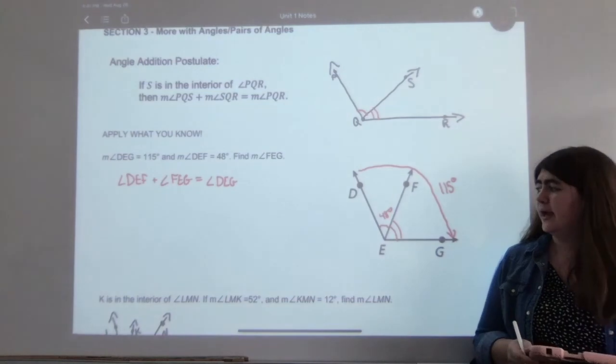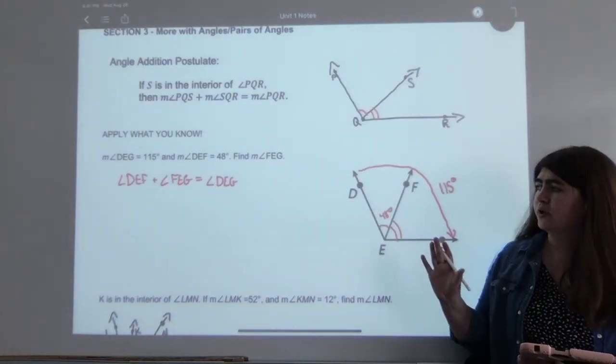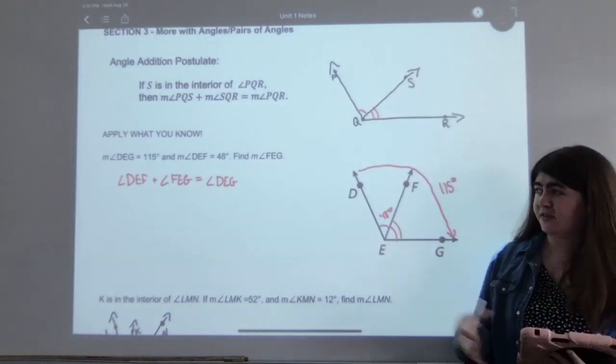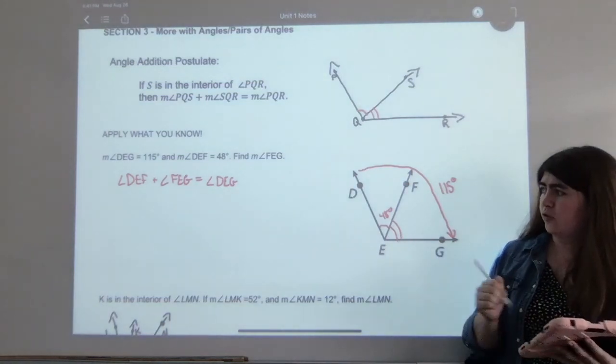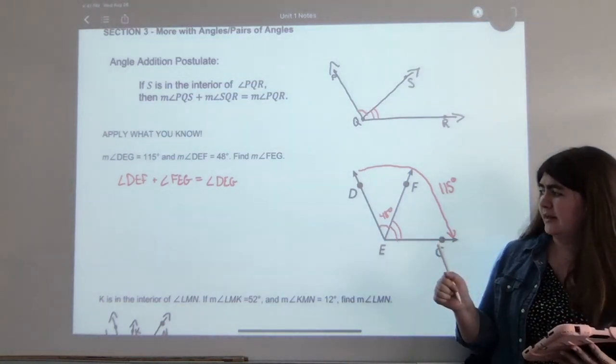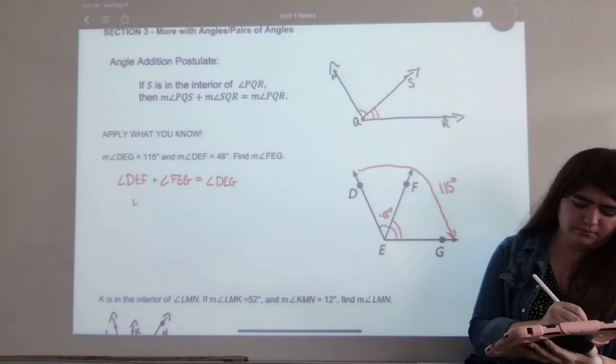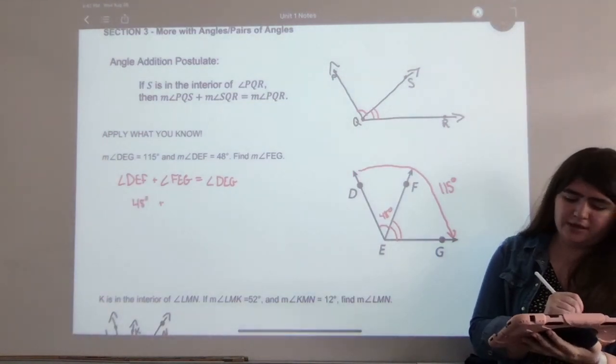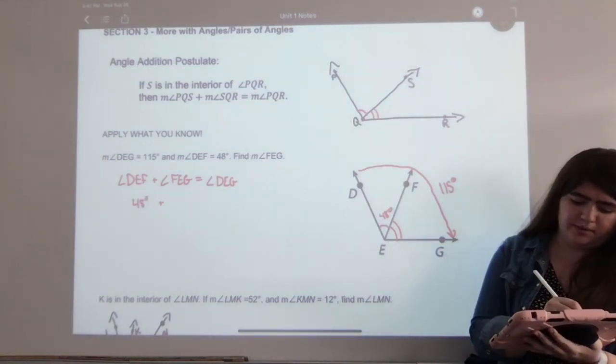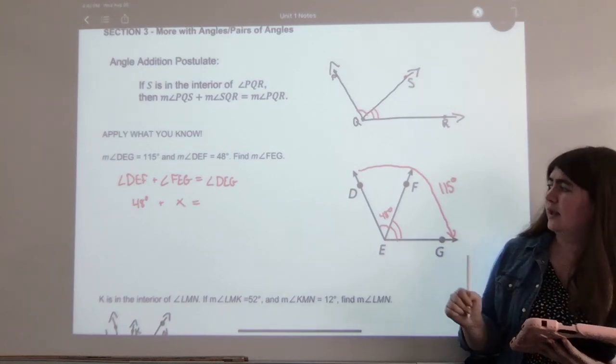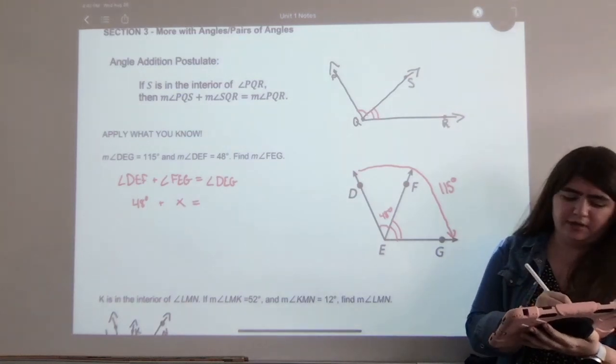So now I'm going to plug in my numbers for this example. So for DEF, that is 48 degrees. FEG is unknown, so we will leave that as an X. And angle DEG is 115 degrees.